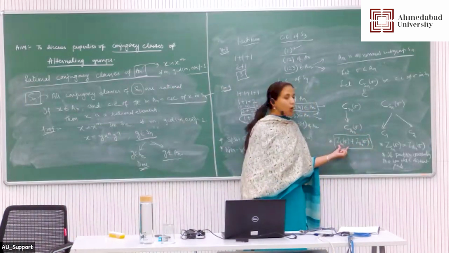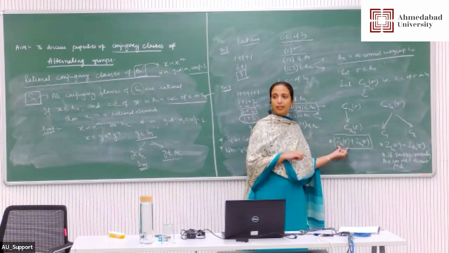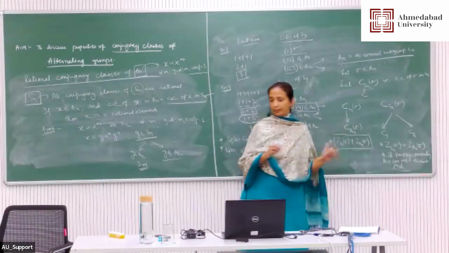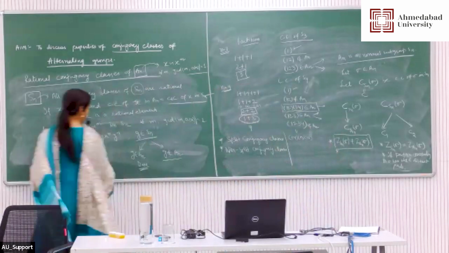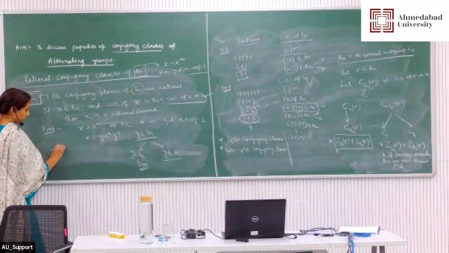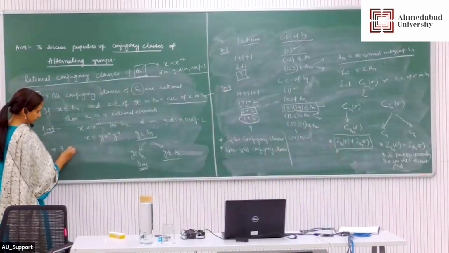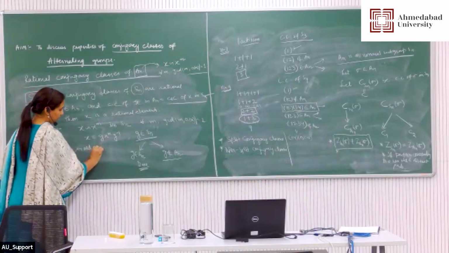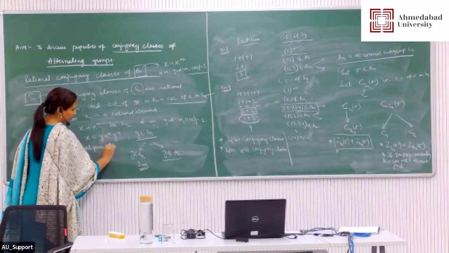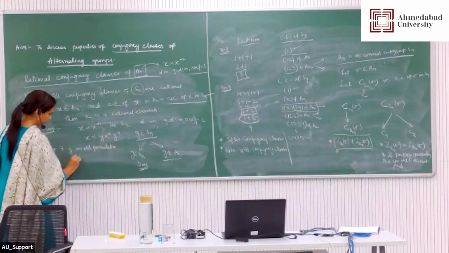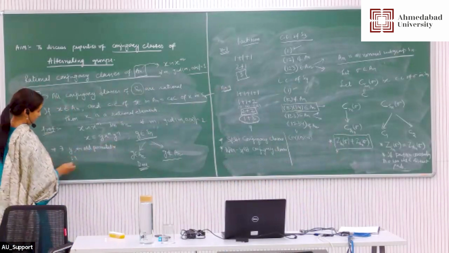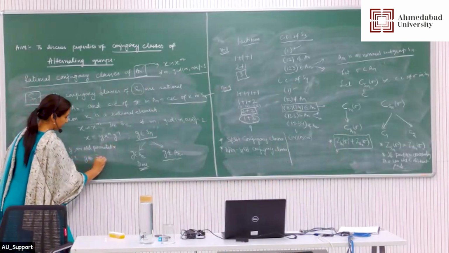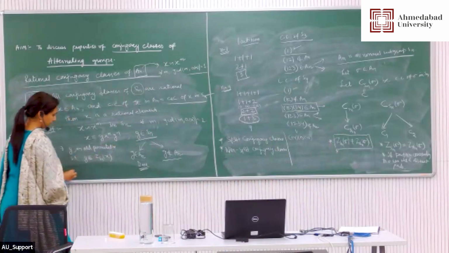That means there is some odd permutation in Sn which is in the centralizer of x in this class. So this means there exists, say we will call it y, an odd permutation such that y belongs to the centralizer of x in Sn.